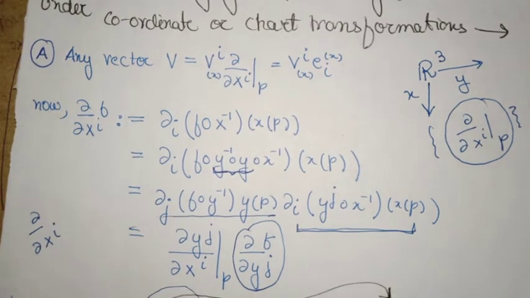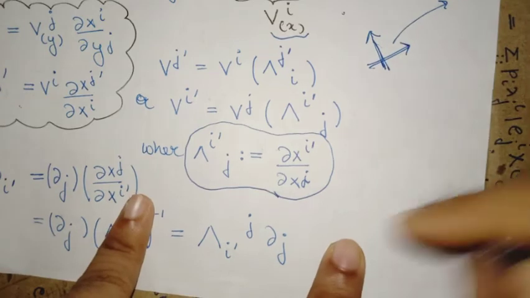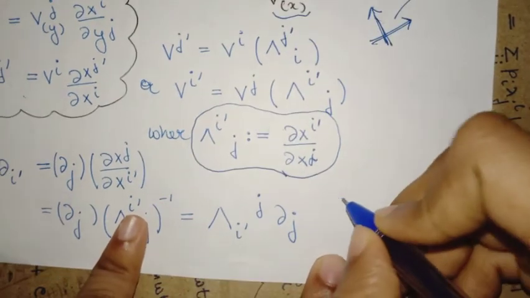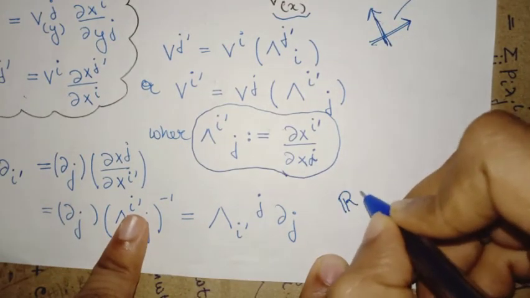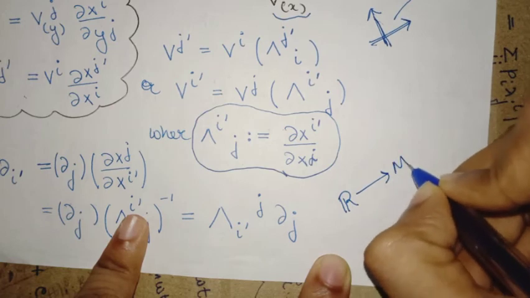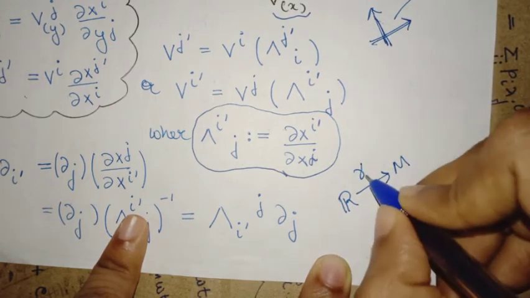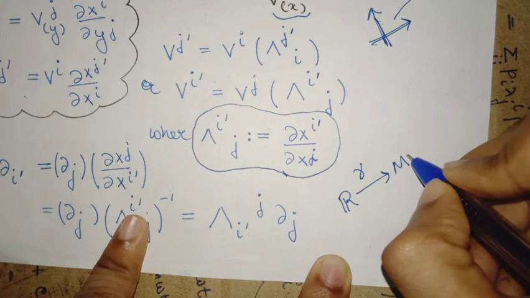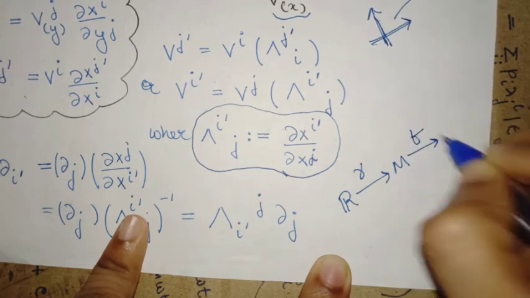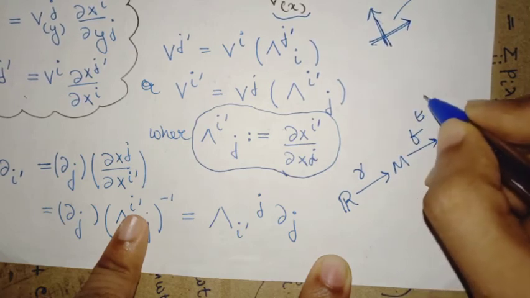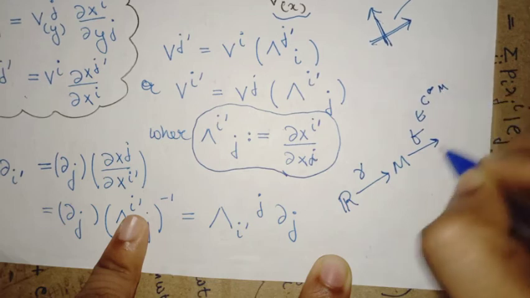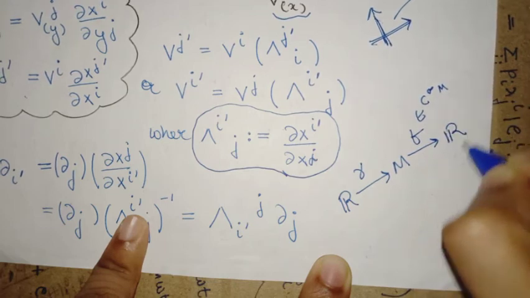One important thing to remember is the diagram that from R you go to the manifold M via a curve, which is a trajectory. From the manifold you go via a C infinity M function to the real numbers again.